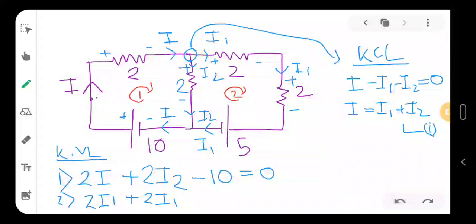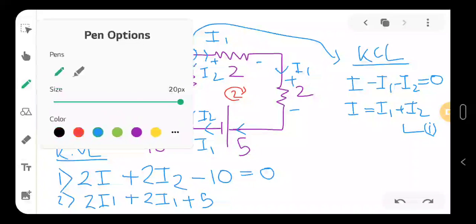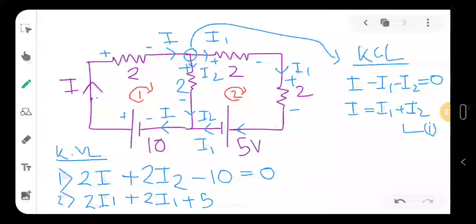It is entering on the plus side again. So here this will be plus 5, because this is voltage. 5 is not resistance, it is voltage. So I'm writing here, this is voltage. These are the ohms, meaning resistances.